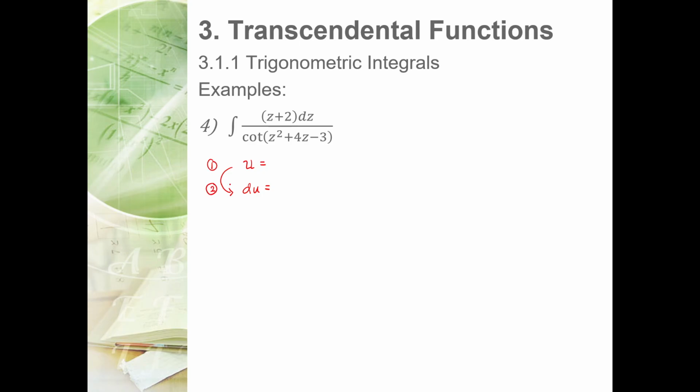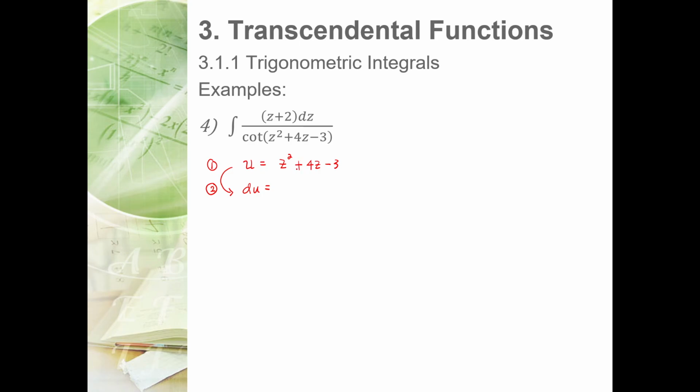And then the third step is replacing it. The complicated expression here is the angle of the cotangent. So u equals z squared plus 4z minus 3. So that later on, when we express cotangent, it's only cotangent u, not cotangent z squared plus 4z minus 3.